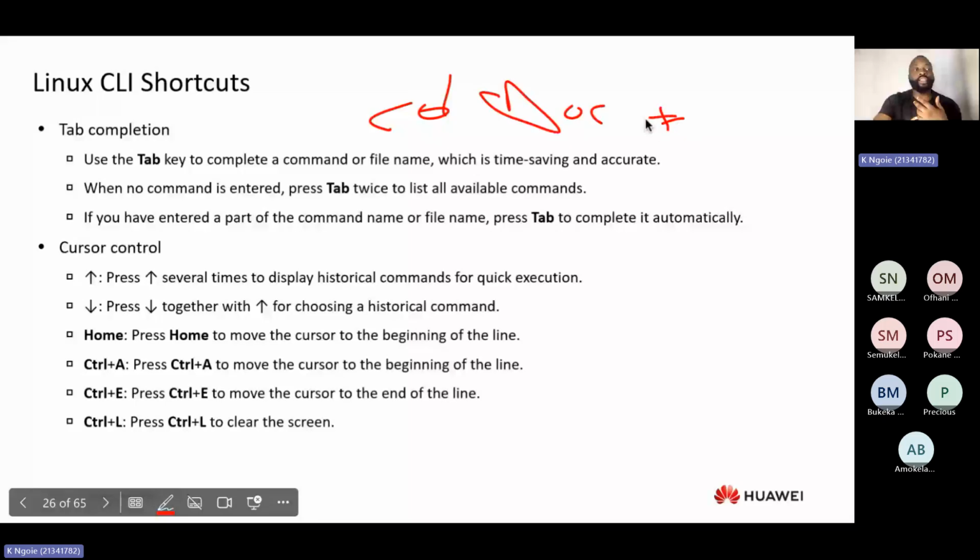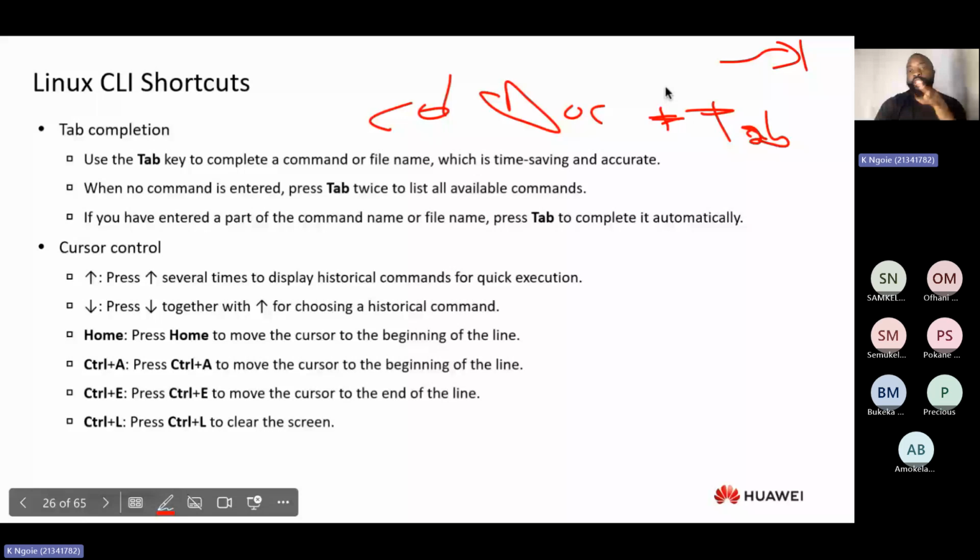On a Windows, on a normal computer, you're going to have a button on your left side that says tab. But on some computers, like MacBooks, you're just going to have an arrow with a vertical bar. So that is the tab button. If you press that, it will complete to CD document, so it goes into the folder document.